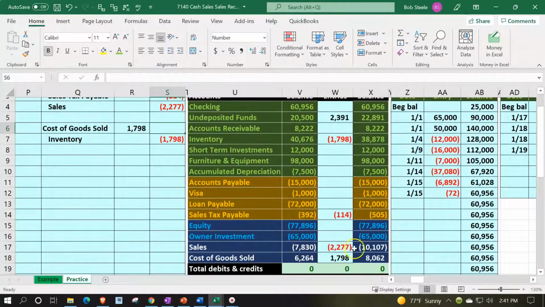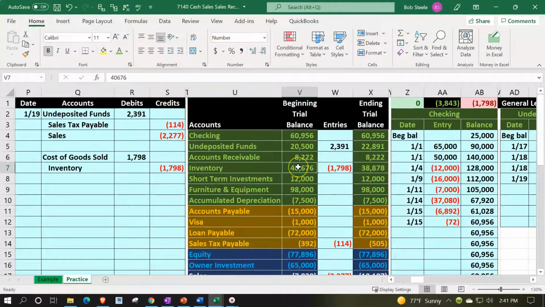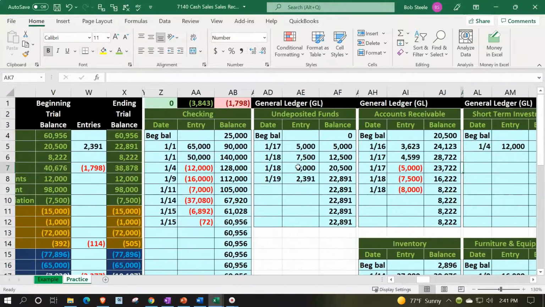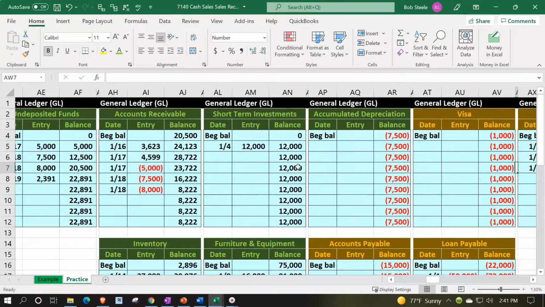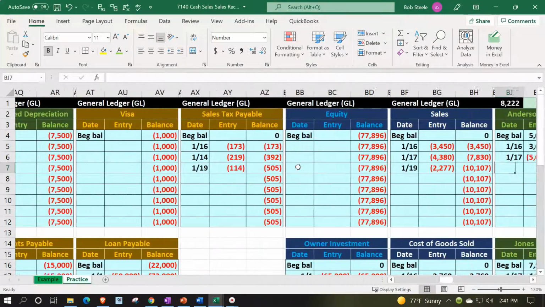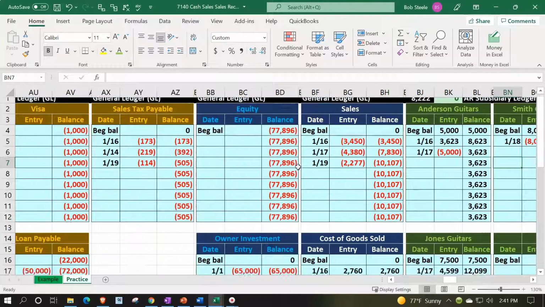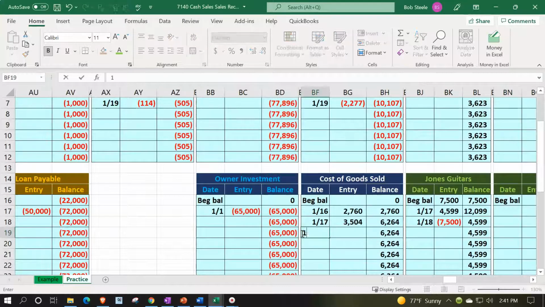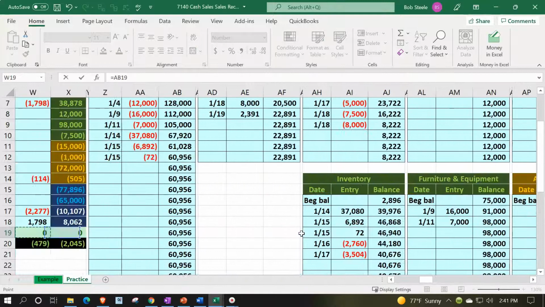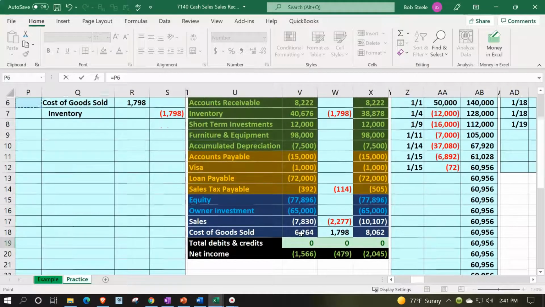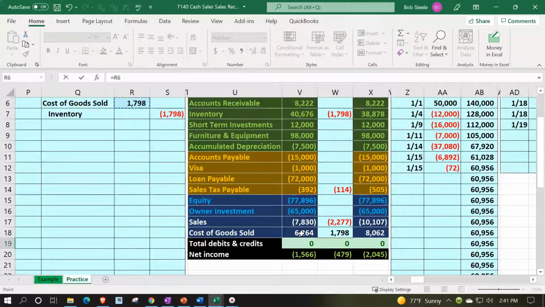That's going to be our second income account. So we're going to go all the way to the right. It's the same for the GL: assets in green, liabilities in orange, the equity blue, sales, and cost of goods sold. We're in 119, and cell BG19 equals left to the wall. And then scrolling back up, we're looking at that cost of the goods that are sold.